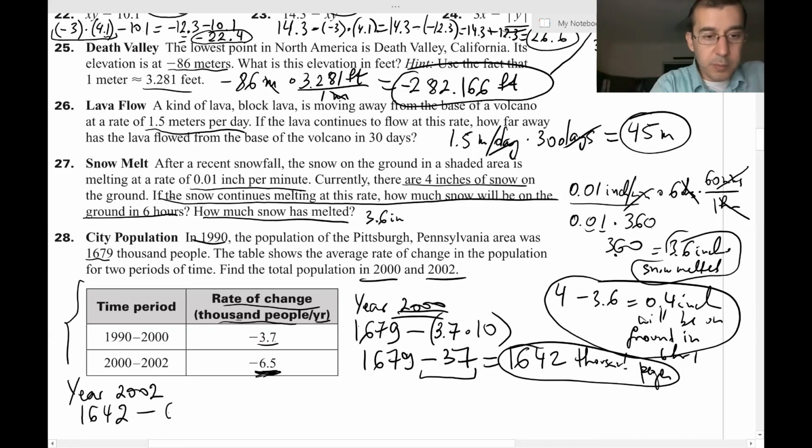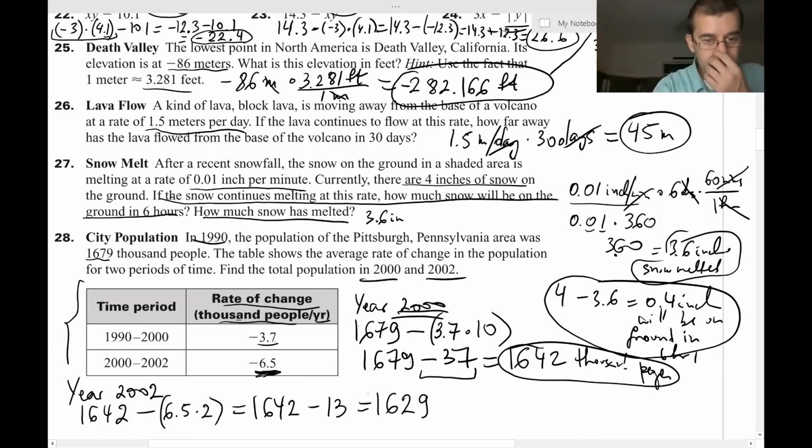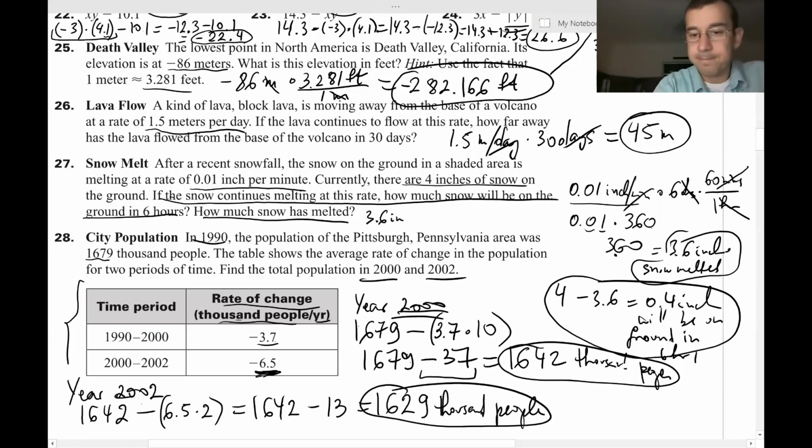So we have 6.5 times 2 years. So this is 1642 minus 6.5 times 2, which is 13. So this is 1629,000 people. That's the population in year 2002.